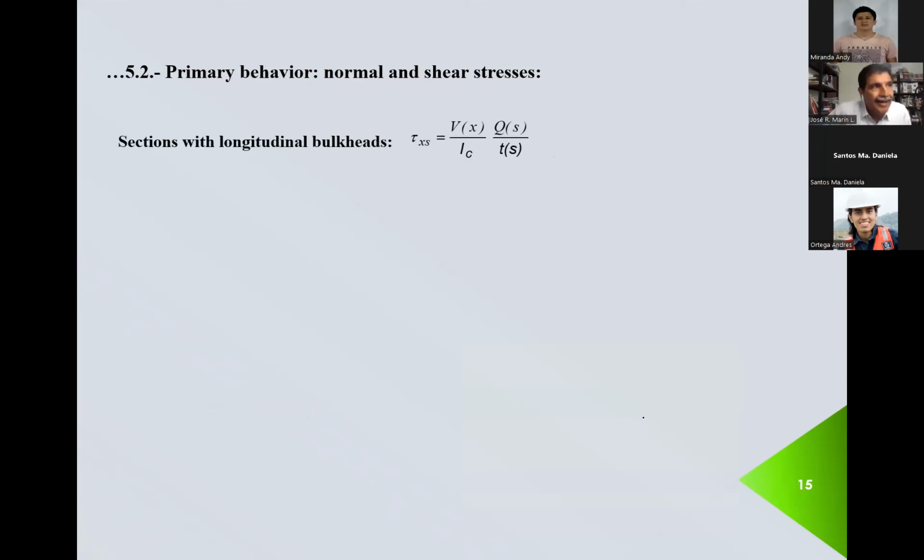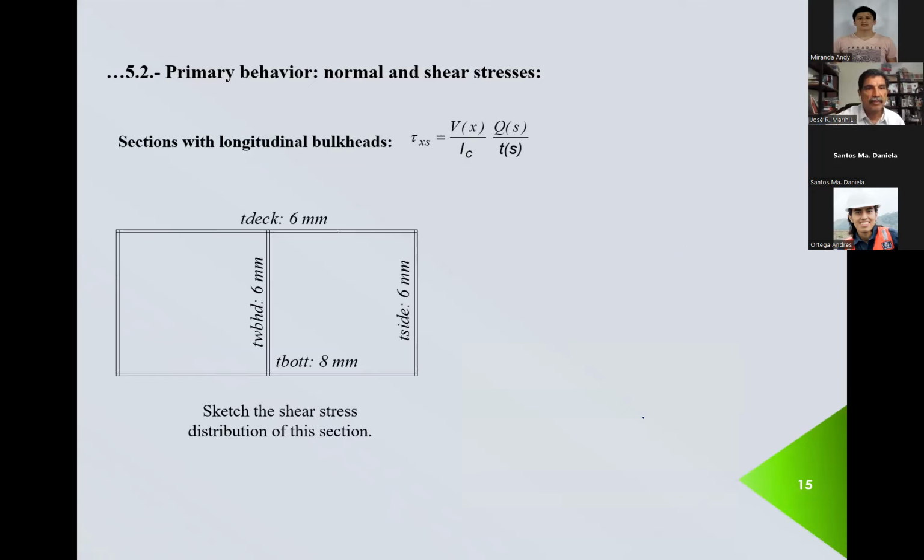Now, what happens when we have longitudinal bulkheads? The problem is that in that case, there is no point where we know that the shear stress is null. That's the problem. For example, this case. We do not know in this cell and in this cell where the shear stress is null. You can say, okay, here I have a symmetry plane.